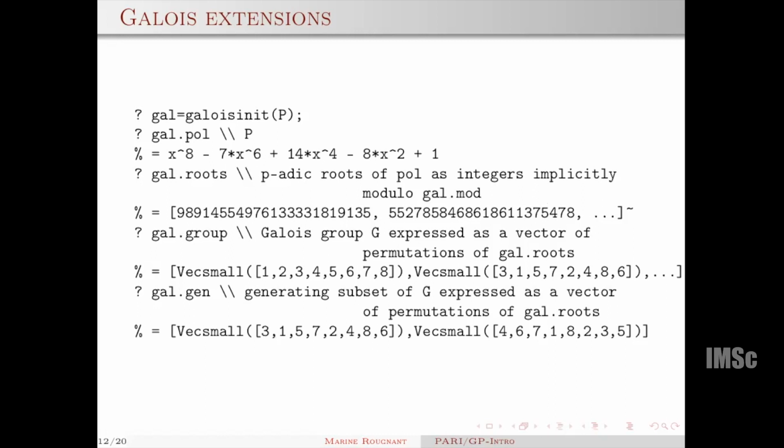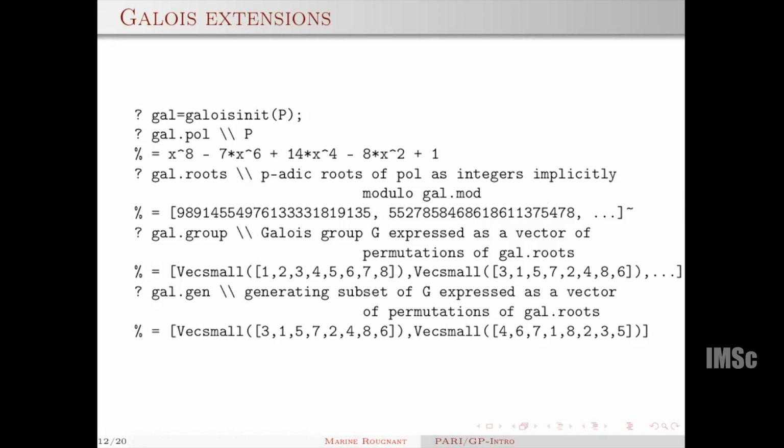So what can we find inside the galoisinit of P? I put here a semicolon because the output is quite huge. You can find your defining polynomial, this one. You can also have the roots.